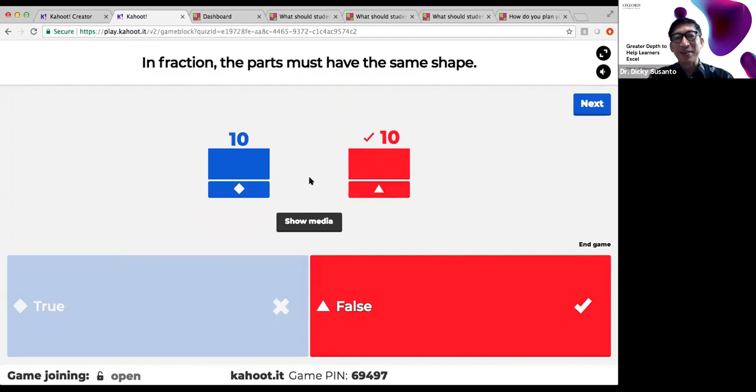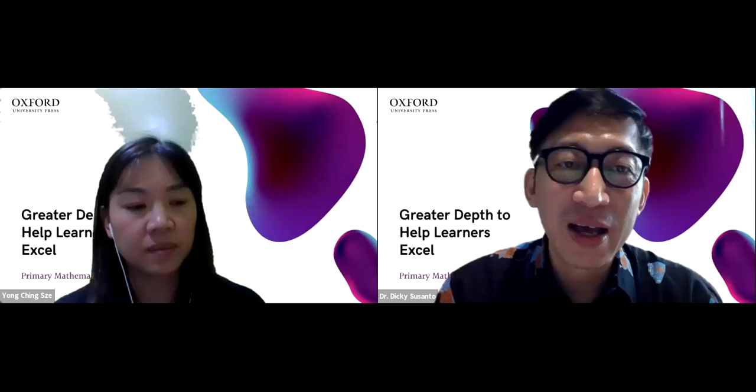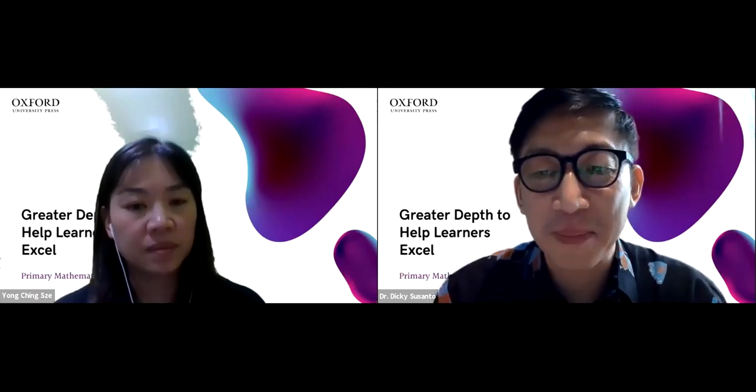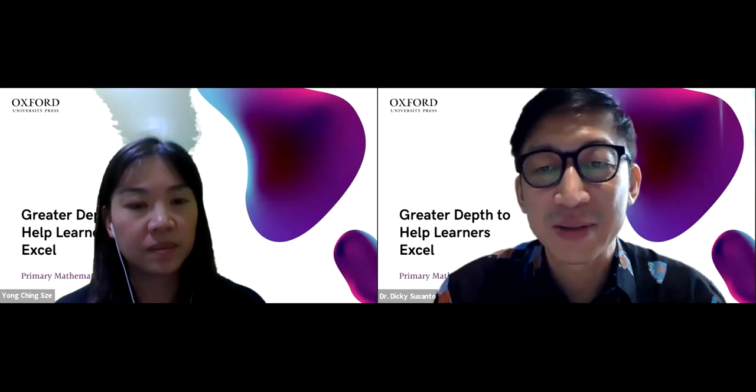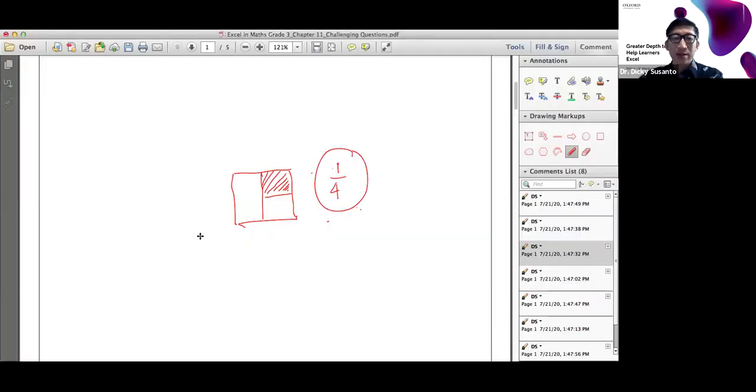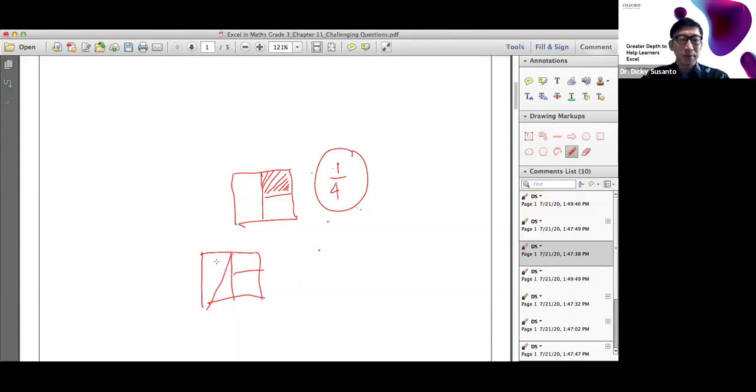Yeah. So this is another thing that students might have a wrong idea about, that the shape has to be the same. Let me show you an example here. Let's go back to this. Okay, so let's say, so what fraction is that? Well, the shapes are different, right?